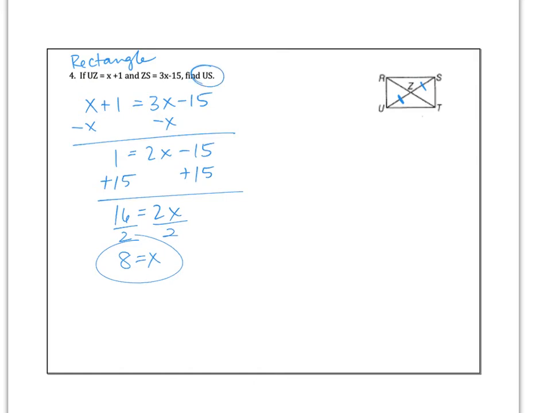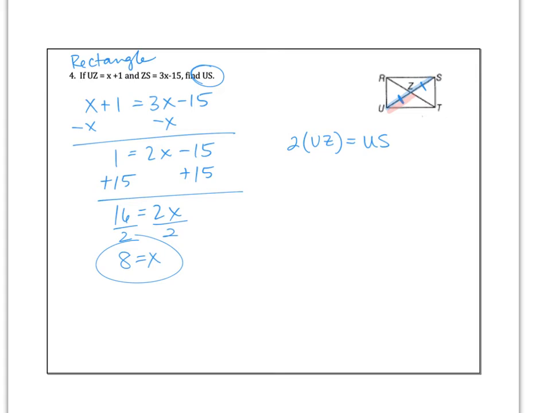We have to find US. So take a look at US over here. It's all the way across the rectangle. But UZ and ZS are only halfway across. So in other words, it's going to take 2 of the UZs to equal the US. It's going to take 2 of these red ones to equal US.